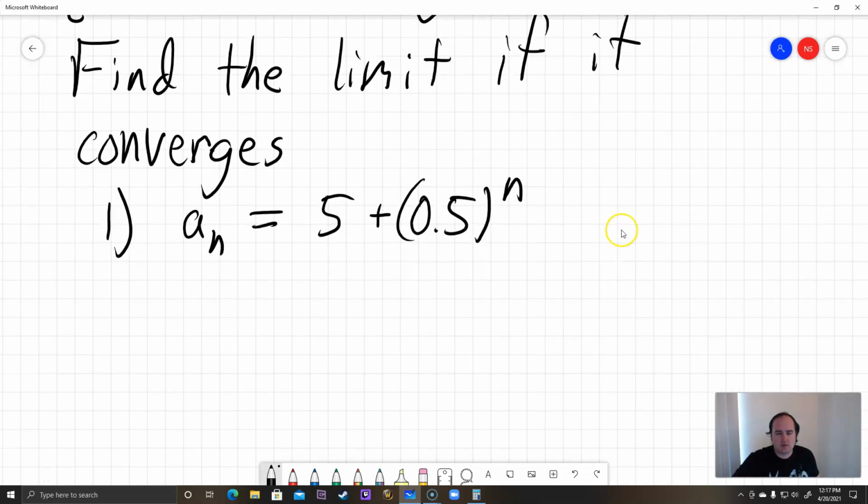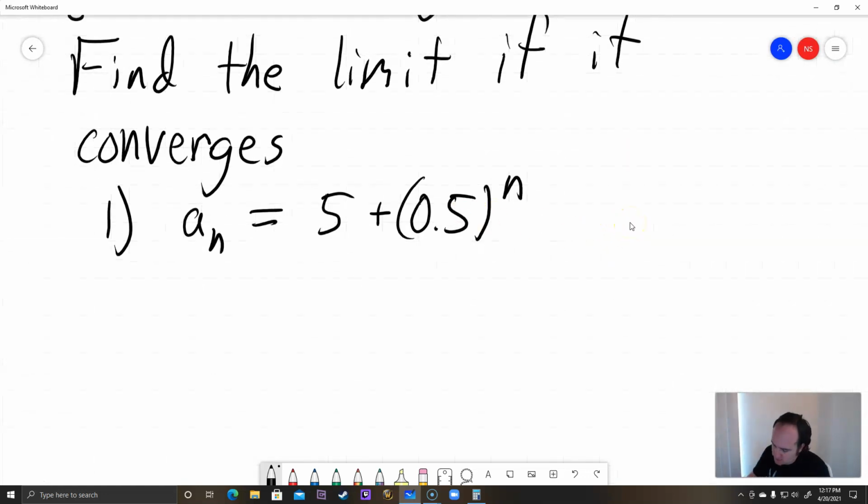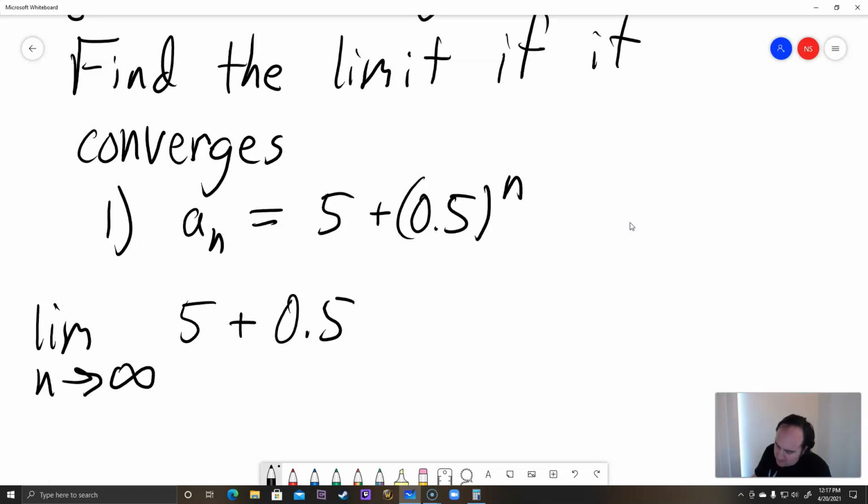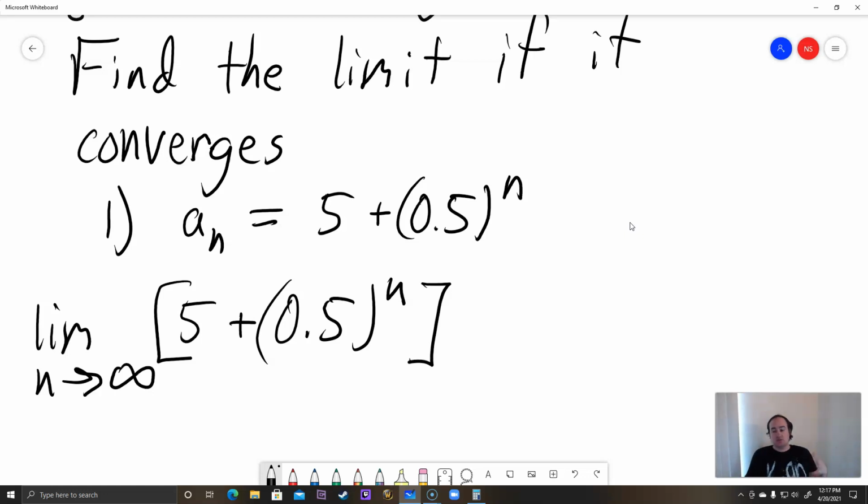So we can literally just do the limit as n goes to infinity of 5 plus 0.5 to the n. And you can just distribute that limit to each of those terms.